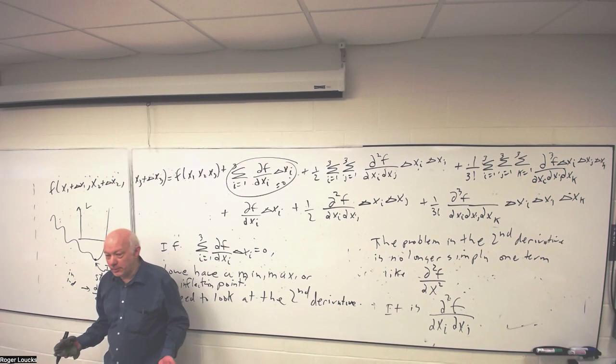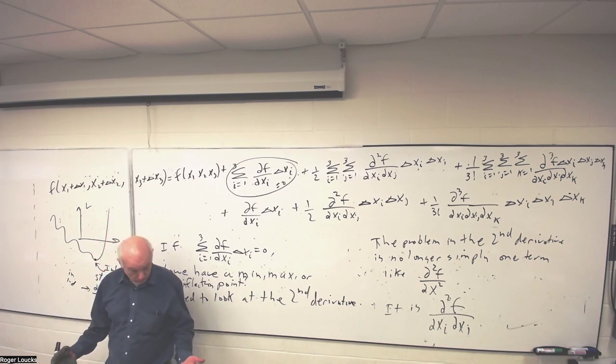Now, the nice part about this is you did this actually in Calc 3. You did these ideas in Calc 3, and now I'm giving you this rule, and it makes no sense. You're going to see exactly where the rule comes from.